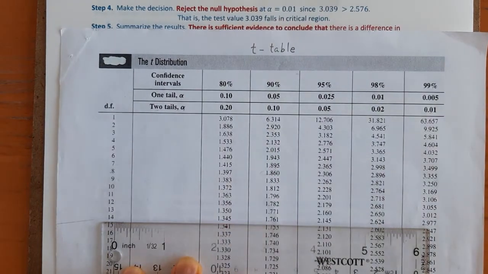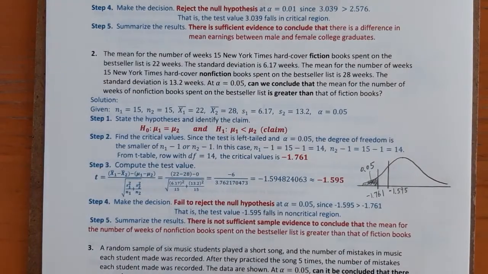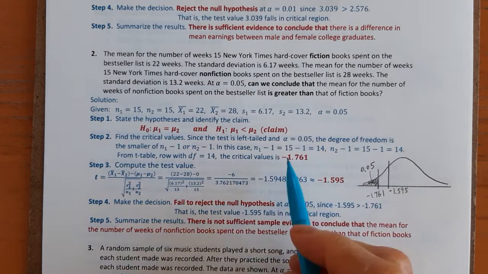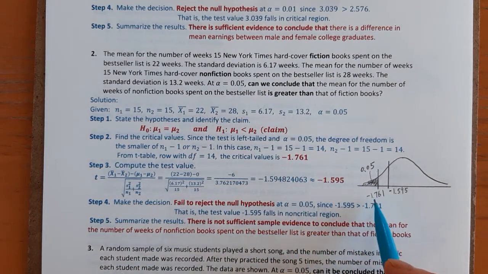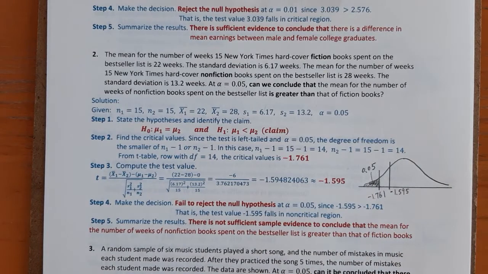Since it's a left tail test, the value is negative. So the critical value is negative 1.761 on the left side. It's negative on the left, positive on the right.